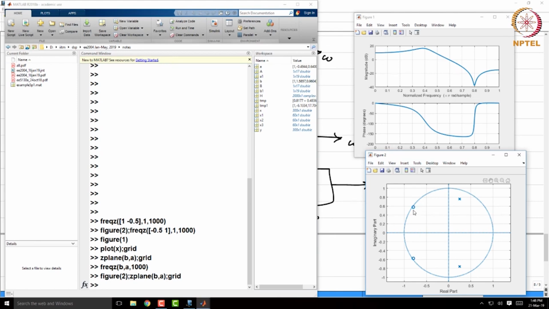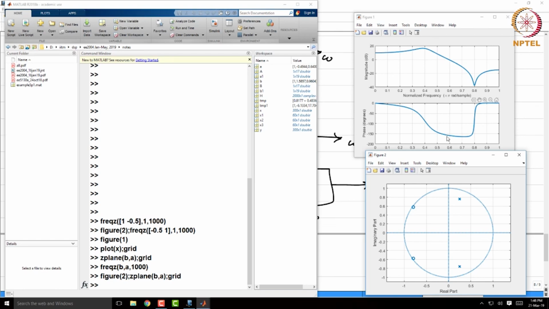So, the closer the root is to the unit circle, the more rapid will be the phase response change. So, this change in phase response is due to this pole, this change in phase response is due to this 0. So, this is the system and its frequency response, pole 0 plot and its frequency response.